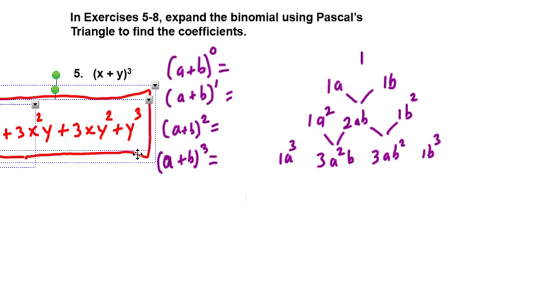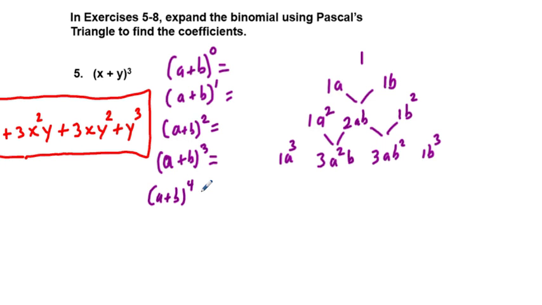There we go. I just moved my answer out of the way just to leave more room. Okay, let's see. We're going to have quantity A plus B to the 4th is equal to 1A to the 4th.